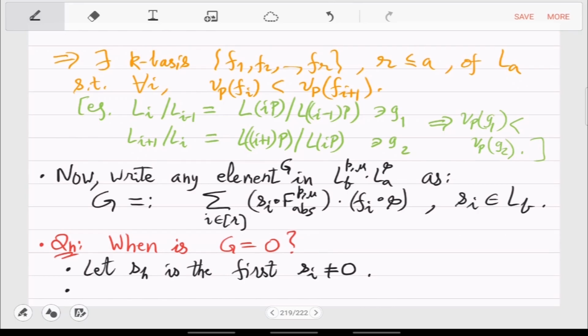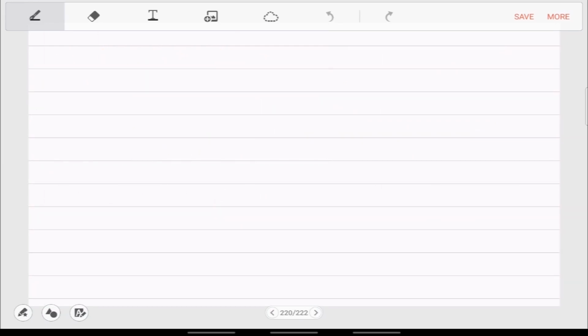And let's apply valuation on G. So let me write down the equation.